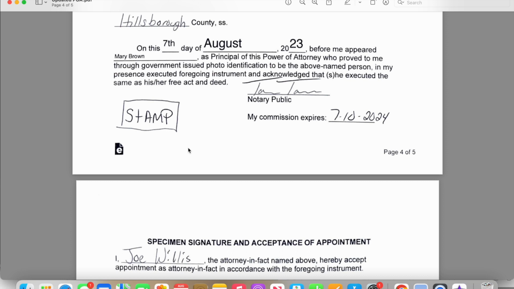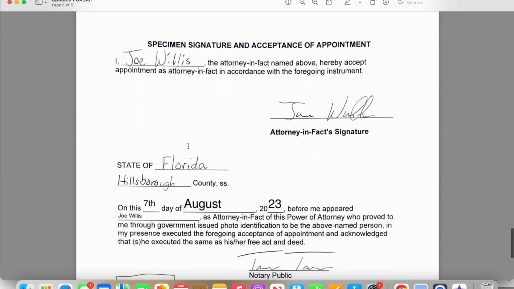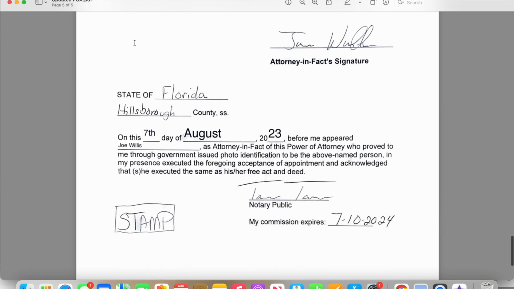Remember that, okay? You'll come down here, and the person that they have granted the authority to, that is the attorney in fact, the agent. Their name is going to be printed here. They are going to sign here. They are accepting authority from that person, okay? And you're going to notarize that that person is that person and that they're accepting this, okay?